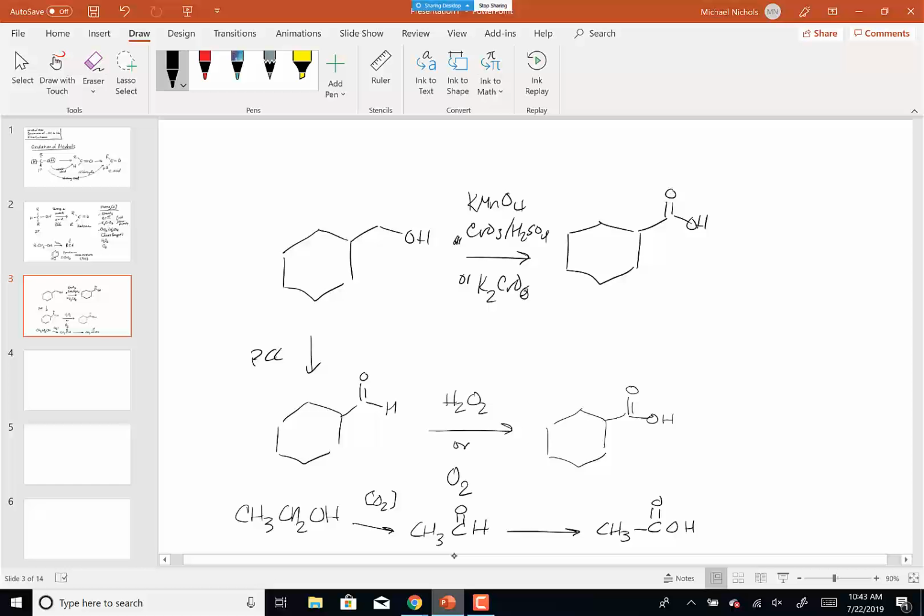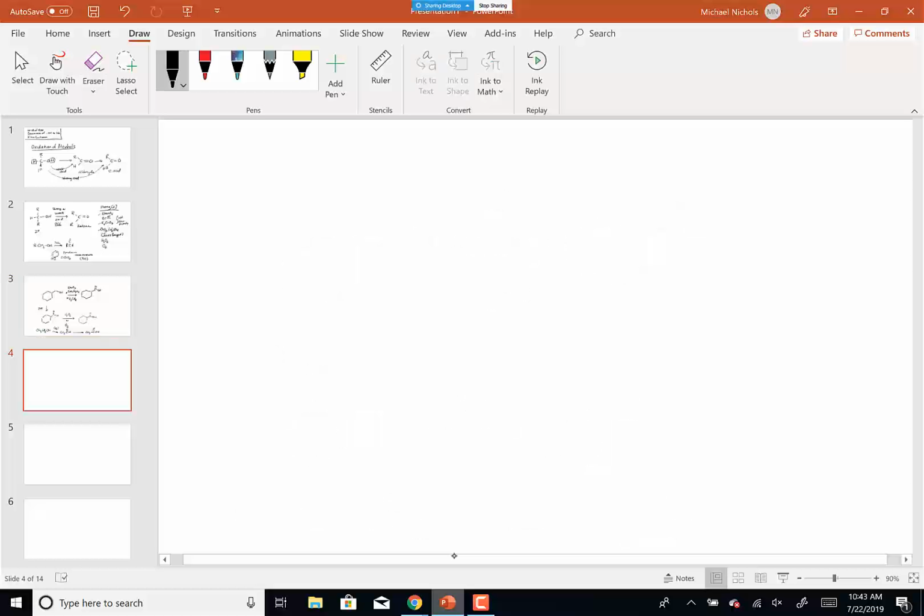Then the other issue, which ties in with the topics for today, is converting OH groups into good leaving groups.